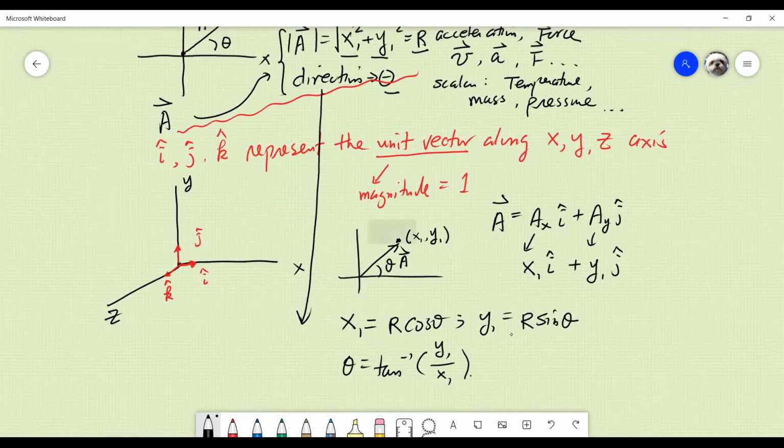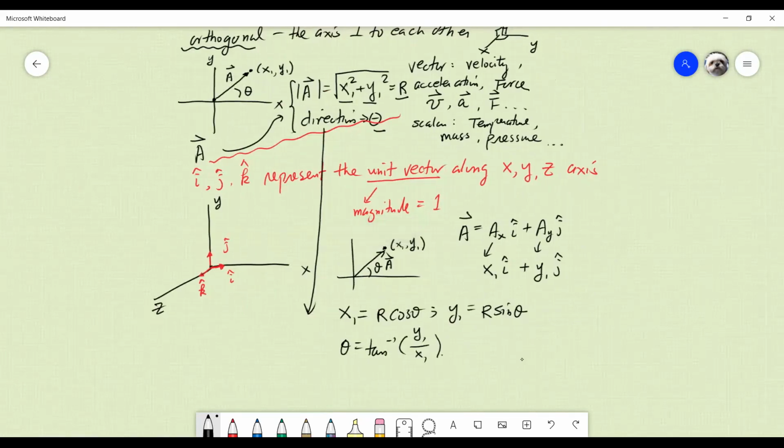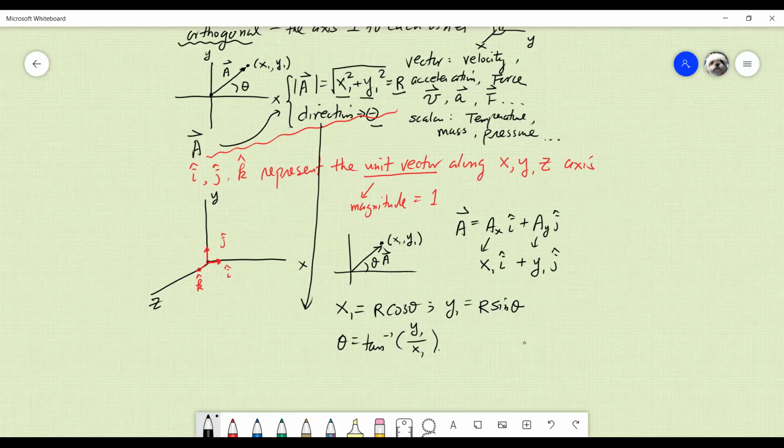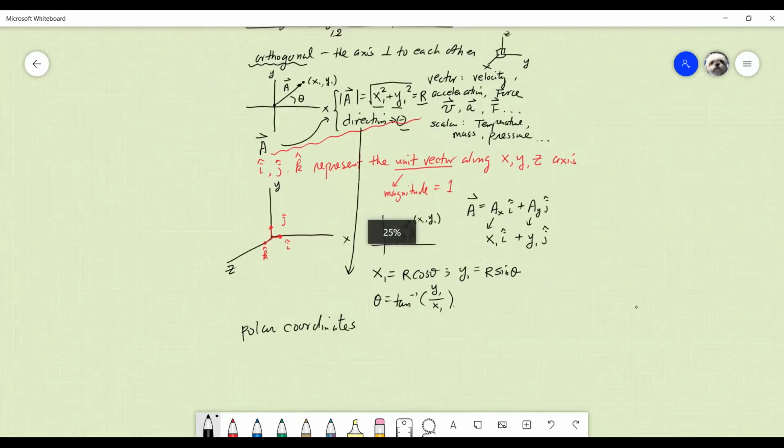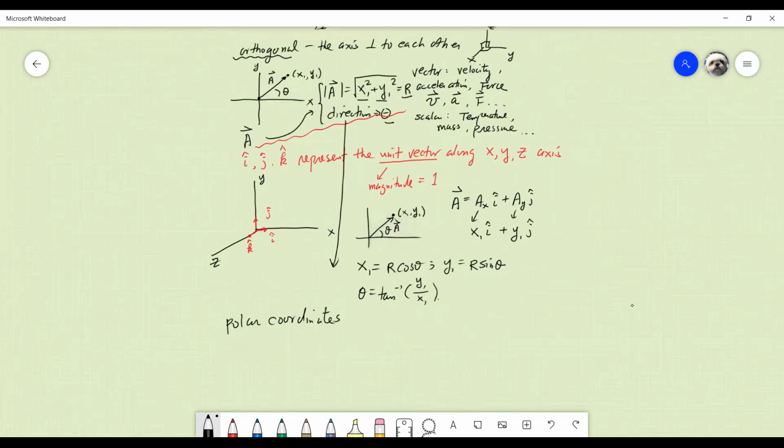So what does that really tell us? If I have x and y, which is the Cartesian coordinate, we can relate it to the polar coordinate. Polar coordinate means that you no longer represent your point by x and y. So for polar coordinate, you're going to draw like this.